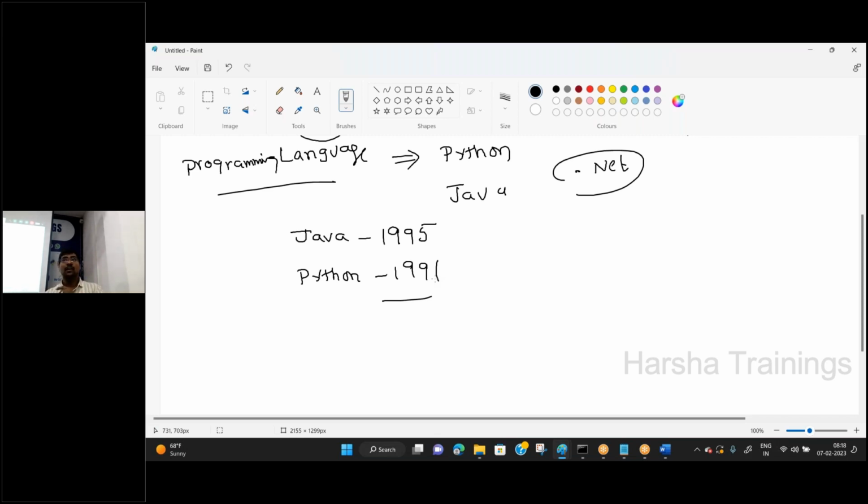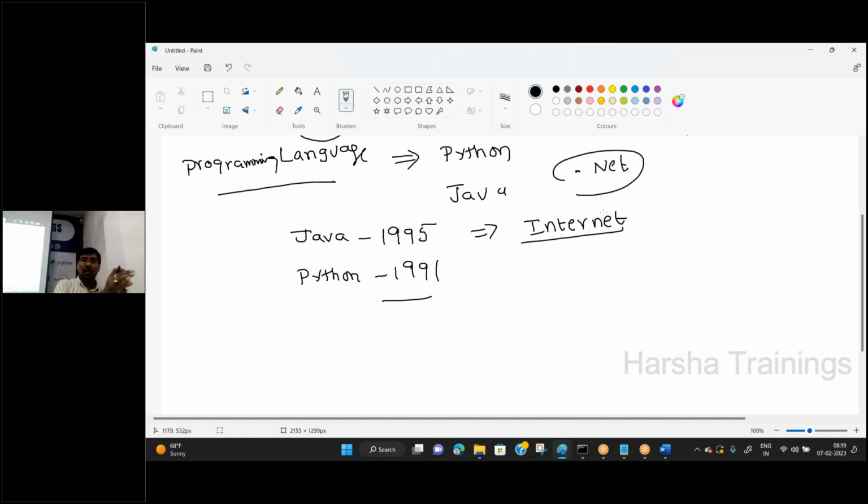Everyone knows about Java. Why? At the time of Java development, their main intention was that Java is mainly developed for internet programming only. In those days, the internet became crucial. That is the reason Java became most popular.